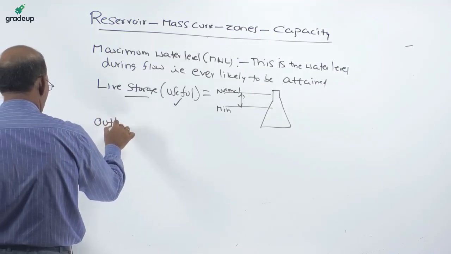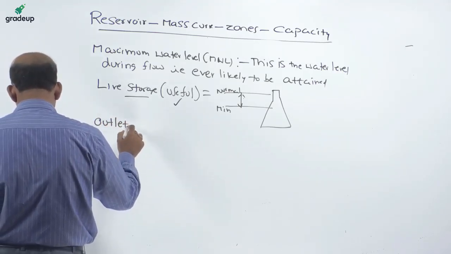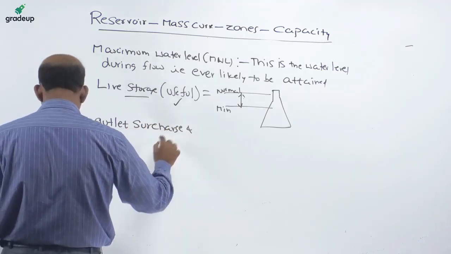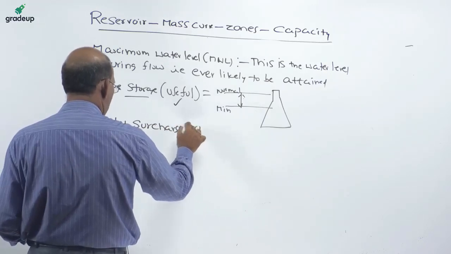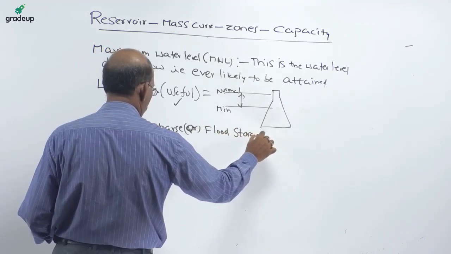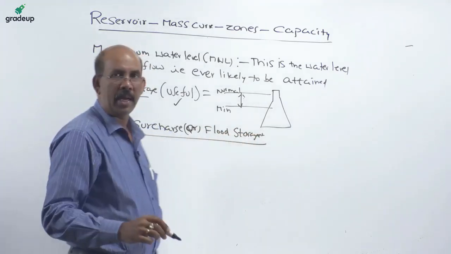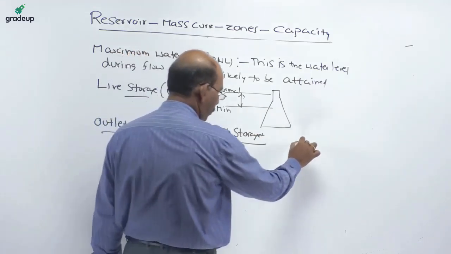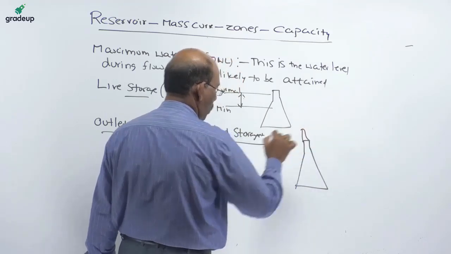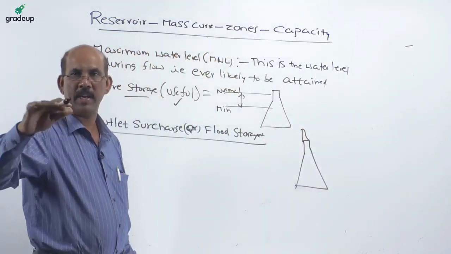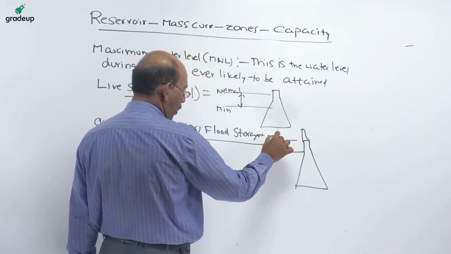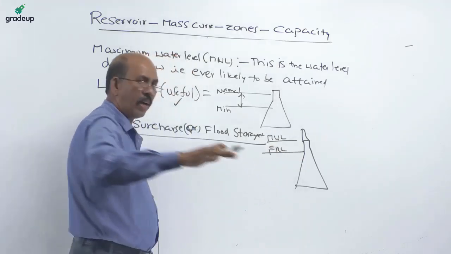Outlet, surcharge, and we also call it flood storage. Means as we have seen, this is the dam spillway, this is the maximum water level and FRL, full reservoir level.